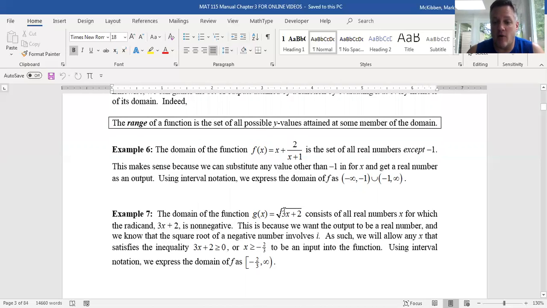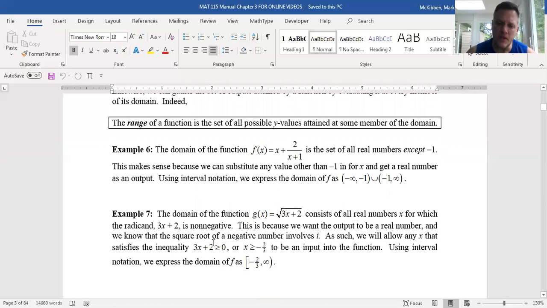That said, the only way you're going to get an imaginary output for a square root is if you take the square root of a negative number. So to avoid that, I'm going to insist on the radicand, 3x plus 2, being non-negative. It could be 0, and if it's 0, the square root of 0 is itself 0, so that's perfectly acceptable. And it could be positive.